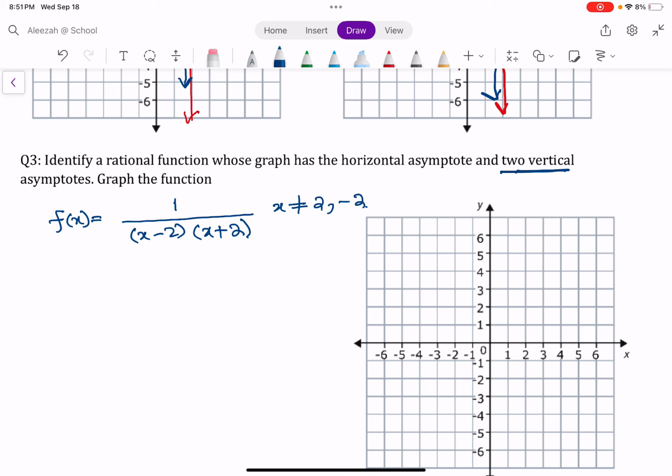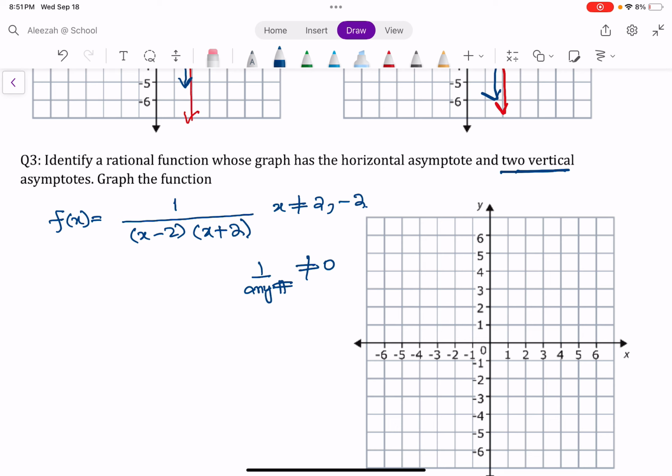So that's my function. Okay, and the horizontal asymptote is the x-axis again here, because 1 over any number is never equal to 0, right? So the value of that function can never be 0 because it's 1 over something.